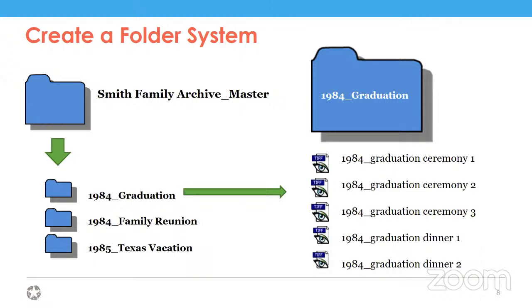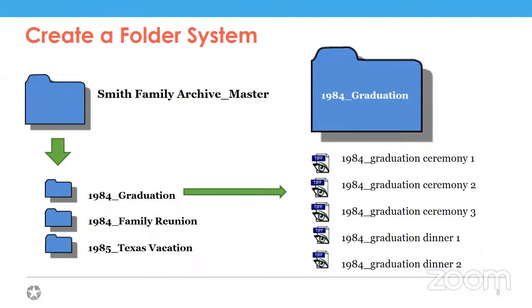Typically, it depends on how many images you have. Most archives will use a 3-digit number, so for example 001, 002, 003, instead of just 1, 2, 3 in their file names. Oftentimes, this is just to help keep it in numerical order.